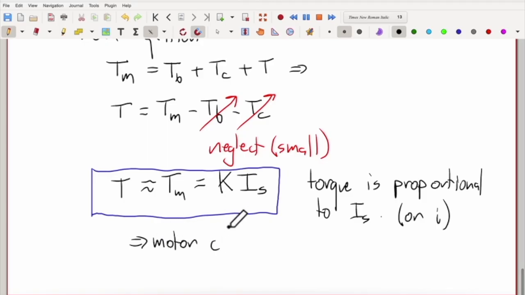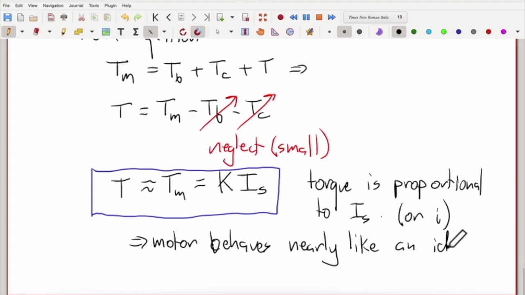So in other words, the motor behaves nearly like an ideal torque source.